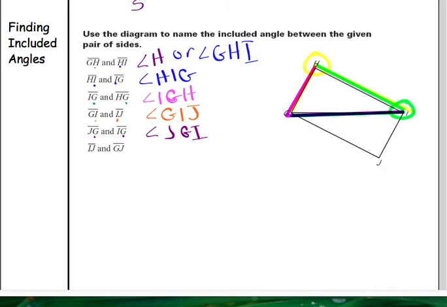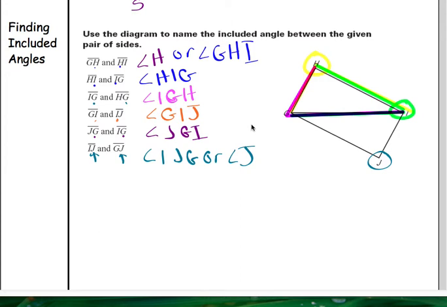And then the last one, IJ, GJ. J is repeated. J needs to be in the middle. That'll be our vertex. Angle IJG will work, or angle GJI. But the J should be in the middle. And you could call this one angle J because it's the only angle there at J. So you could use just one letter on that particular one.